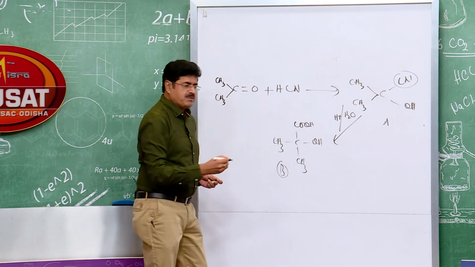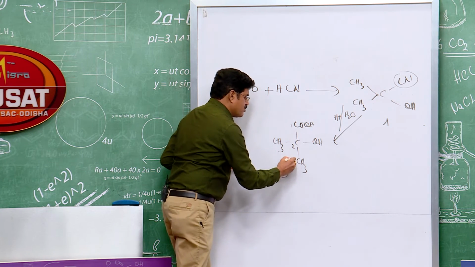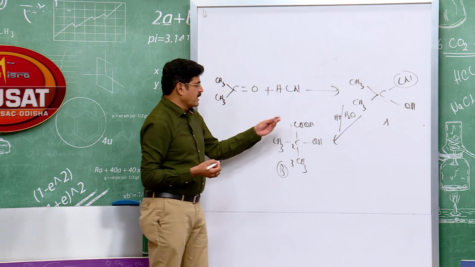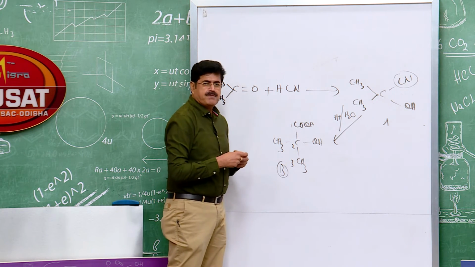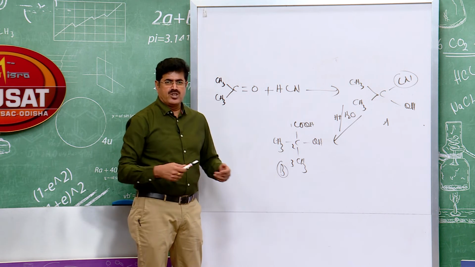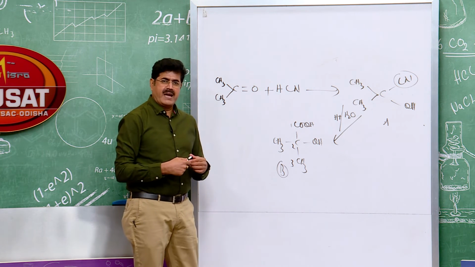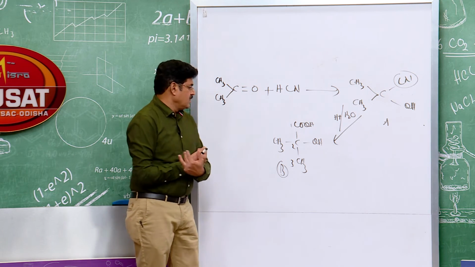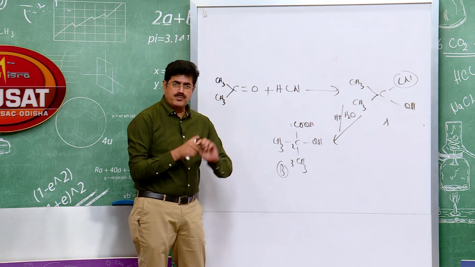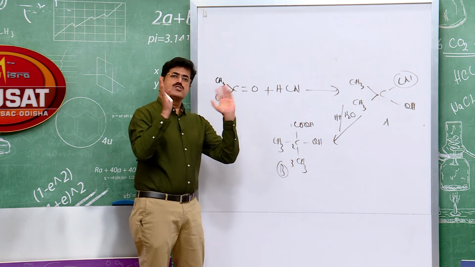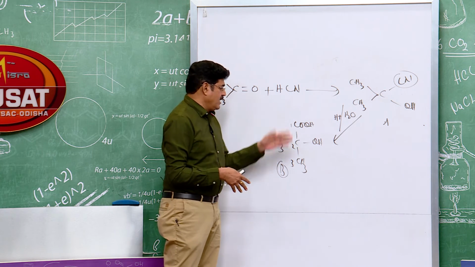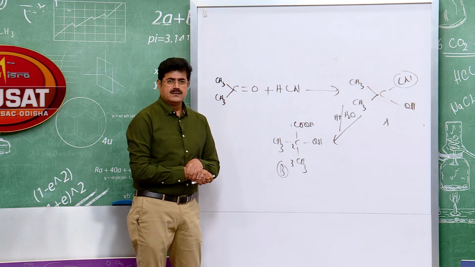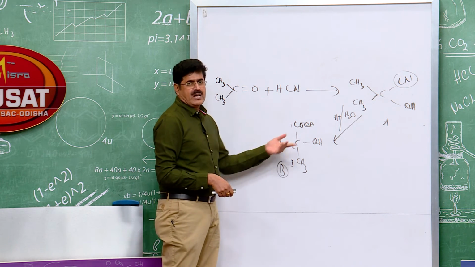Can you give the IUPAC name of this compound? Very simple, 1, 2, 3. 1 because COOH is the principal function here, as it has the highest priority in the nomenclature priority table given by IUPAC. Then 1, 2, 3, what is the IUPAC name here? It is 2-hydroxy-2-methyl, as per the alphabetical order, 2-hydroxy-2-methylpropanoic acid.